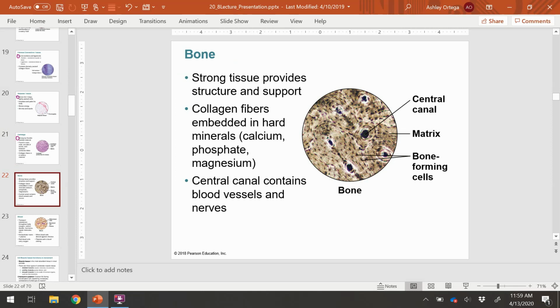Looking at bone here, bone's going to be the strongest tissue in terms of structure and support, as it has fibers with hard minerals that are embedded. Calcium, phosphate, magnesium are the minerals that are found in bone.